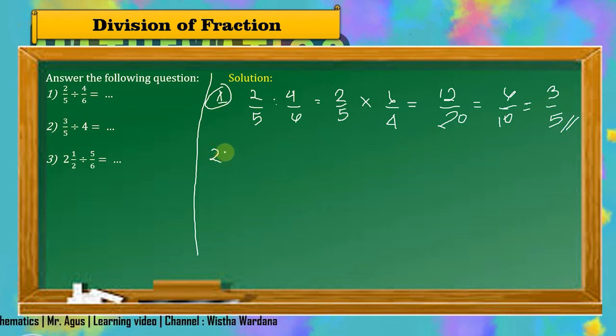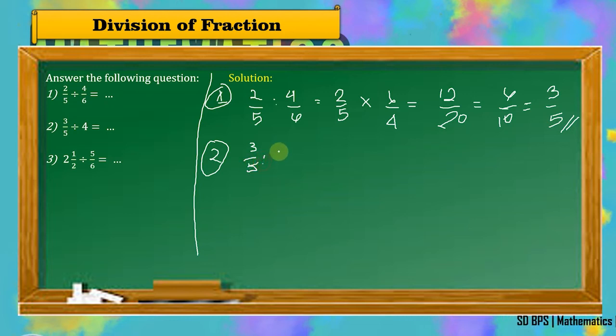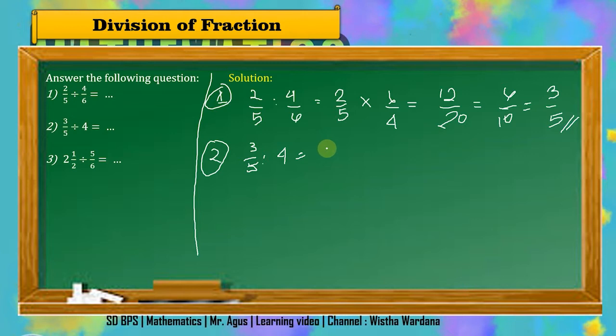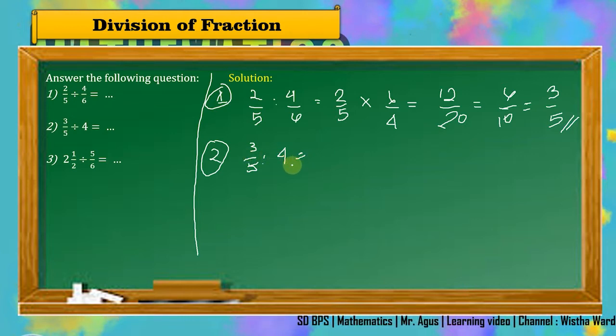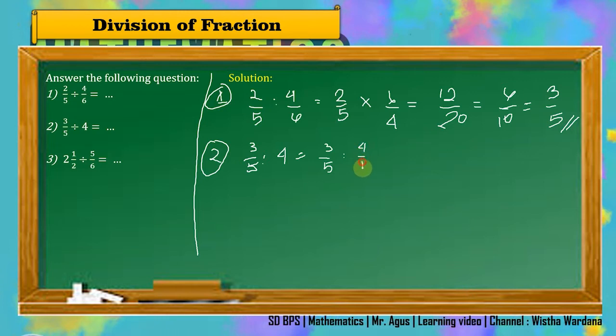Move to number 2. In number 2, we have 3/5 divided by 4. Okay, in this case, you have a fraction divided by an integer. So the way to get the answer is to change the integer into a fraction first, so 3/5 divided by 4/1.